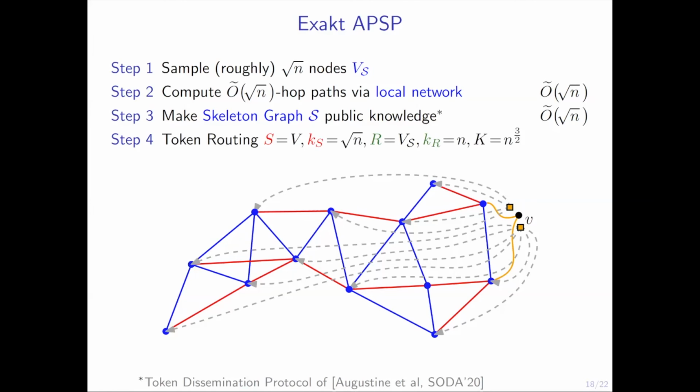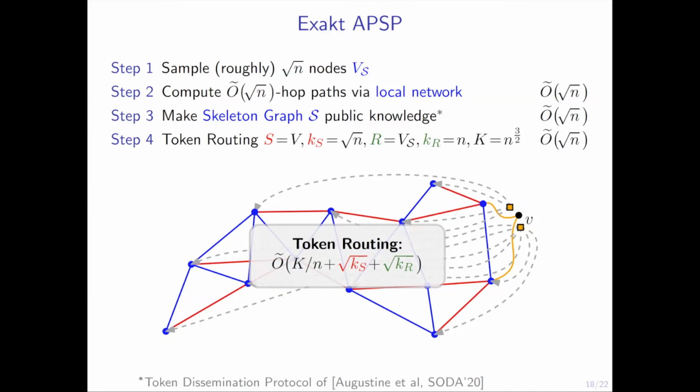Each sender has to send at most square root of n tokens, because there are only that many receivers, and each receiver needs to receive at most n tokens. The overall workload is n to the 1.5. Plugging this into our formula for the token routing problem, we get that this whole step 4 takes square root of n rounds.